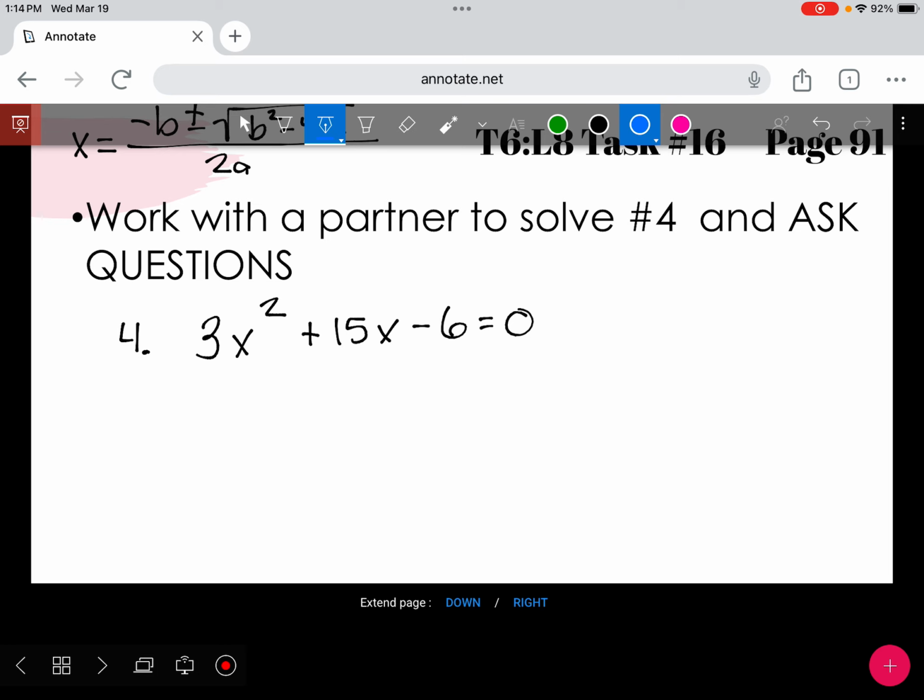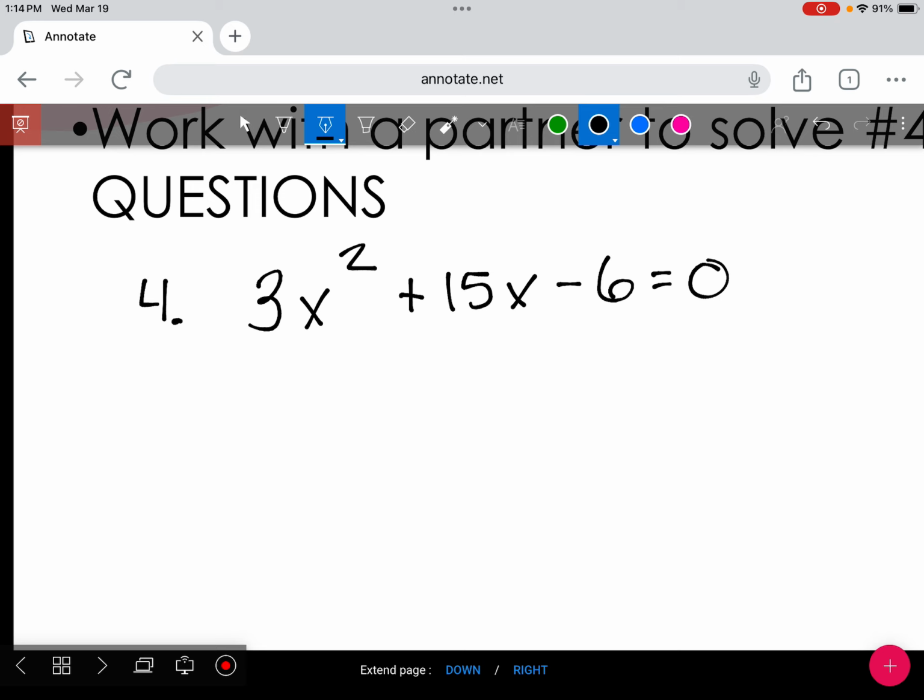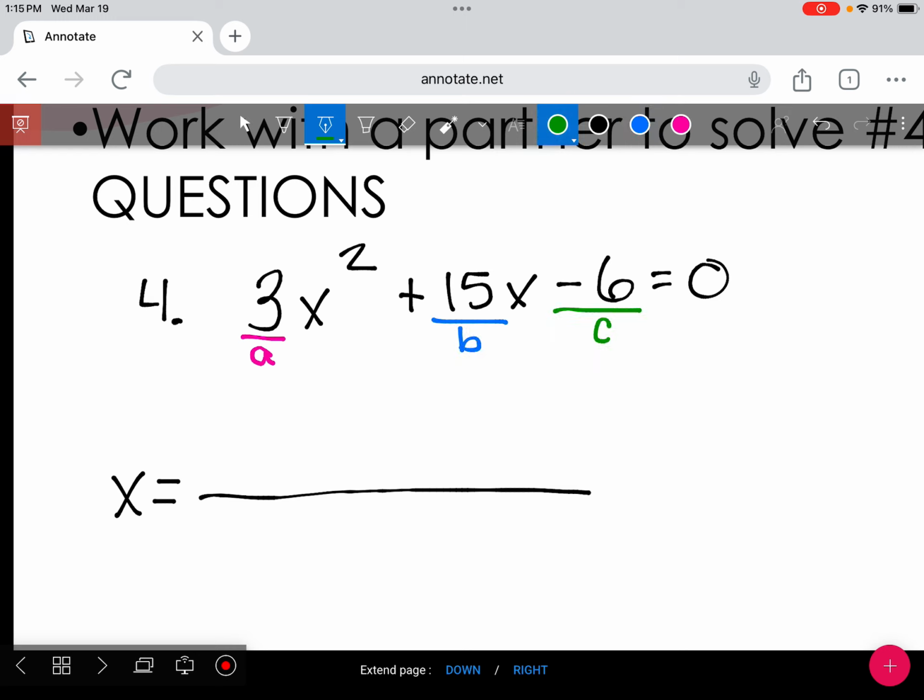So again, this sets up 100% the exact same way. So we can set this up with our x equals and our a, which is the 3, our b, which is the 15, and our c, which is that minus 6.